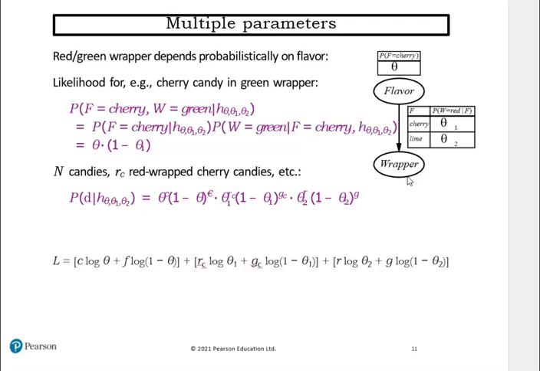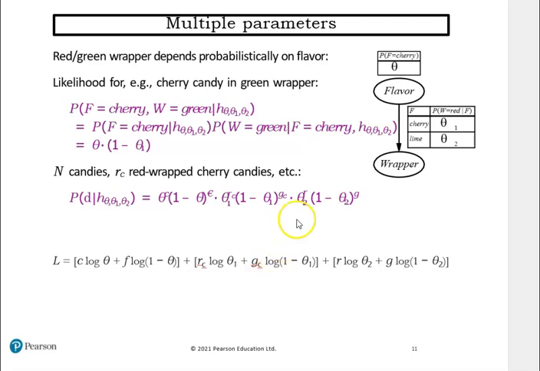We will have 3 parameters now. So we'll have theta, which is our original parameter. And then we will have theta 1 and theta 2, which are for the probability of the wrapper being red given cherry, it's theta 1, and the probability of the wrapper being a red wrapper given that it's a lime candy is theta 2.